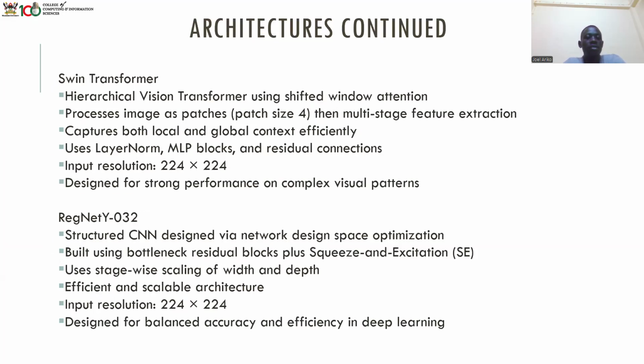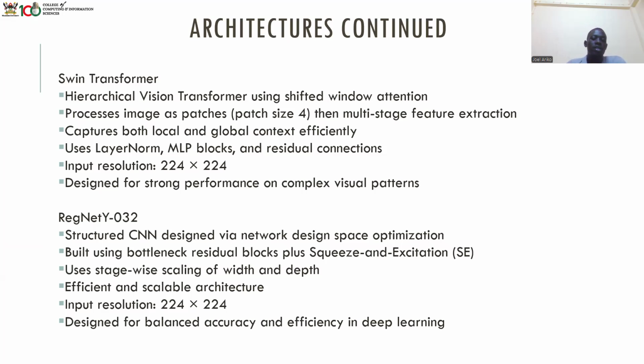Then the Swin Transformer is a hierarchical vision transformer using shifted window attention, and it processes images as patches. It captures both the local and the global context. It also takes an image resolution of 224 by 224.